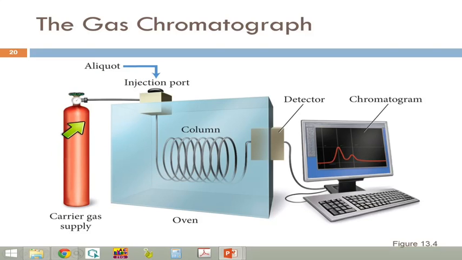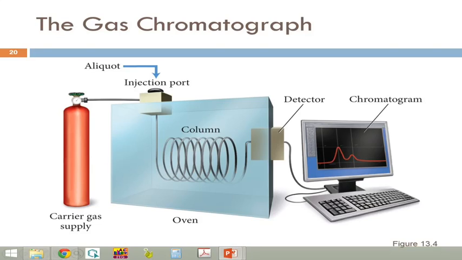We have a carrier gas. A gas is going through this column, and this column has some sort of a coating on it. And when we inject our sample in here, the sample is going to be carried along by this gas. Now, the components of the mixture are going to be separated based on differences in physical and chemical properties.